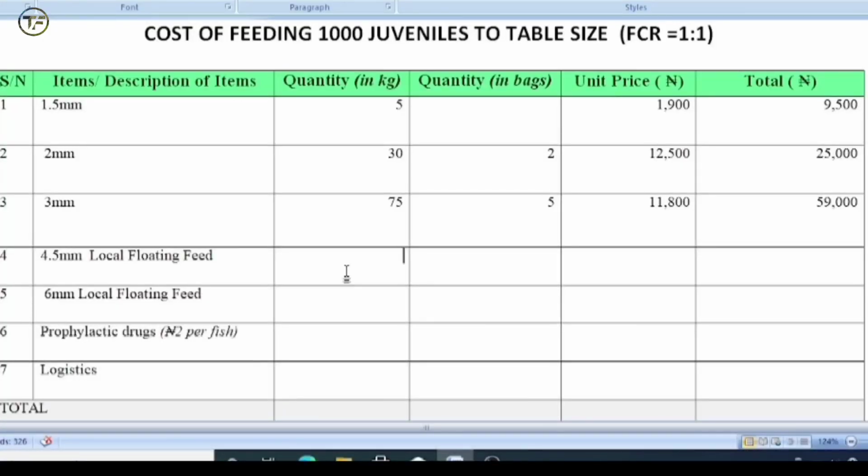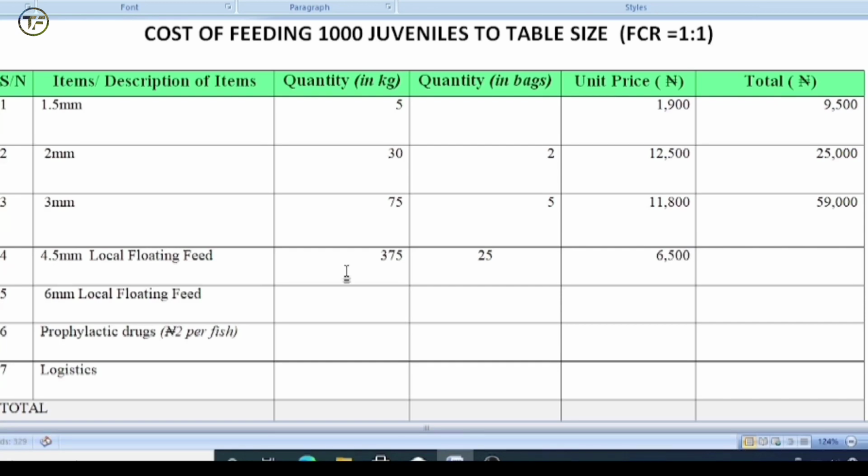At this stage you're going to be needing 375 kg of this, and the equivalence in bags is 25 kg, and it comes at 6,500 per bag.